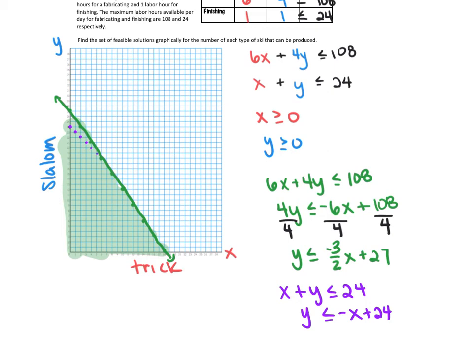The reason we have to make sure that our lines are pretty accurate is because if you notice mine right now looks like it's crossing at 2 points. So I have to go back and redo that green line to make sure I can get where it's going. It looked like it intersected at 2 points. I'm pretty sure it's only intersecting at 1. So I'm going to draw this again.